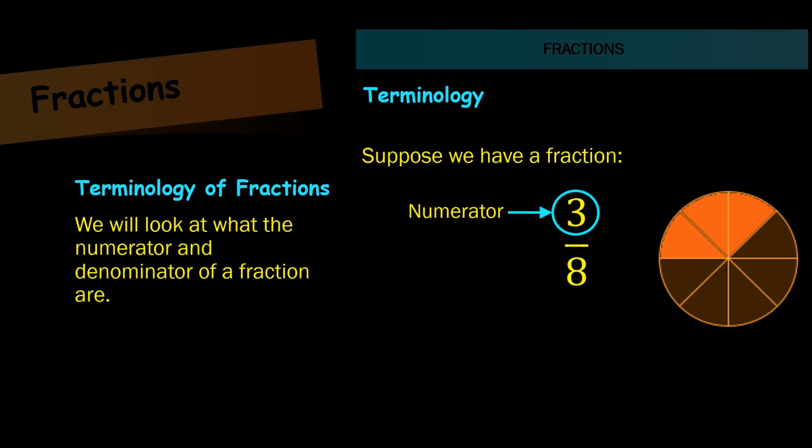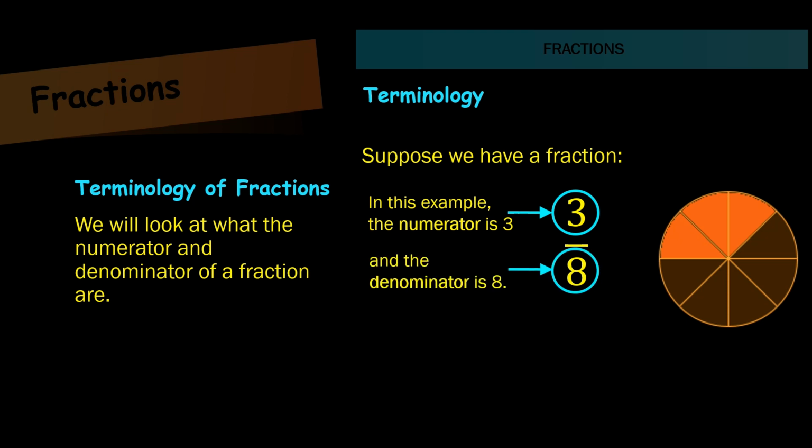The value on the top part of the fraction is known as the numerator, and the value on the bottom part of the fraction is known as the denominator. In our example, the numerator is 3 and the denominator is 8.